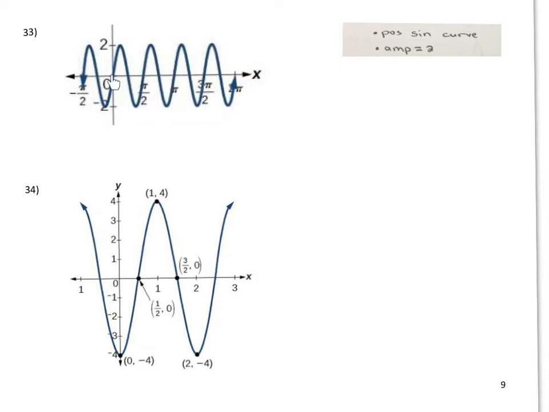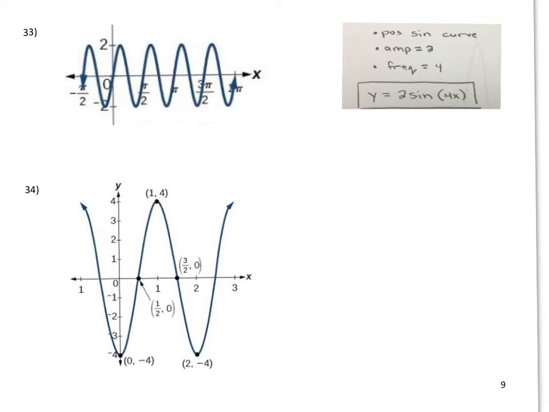So let's count these out. So we have 1 cycle, 2 cycles, 3 cycles, and 4 cycles. So we're fitting 4 complete cycles between 0 and 2 pi. So the frequency would be 4. Okay, so then we could just write out our equation. y equals positive 2 sine of 4x.